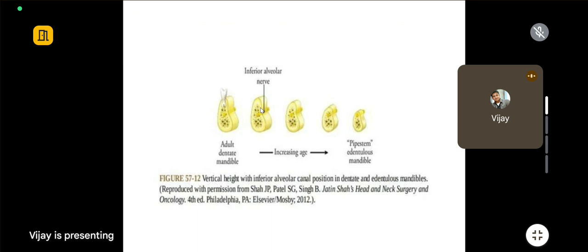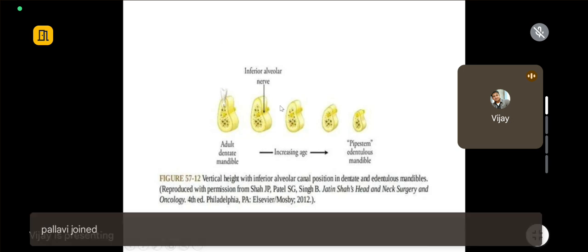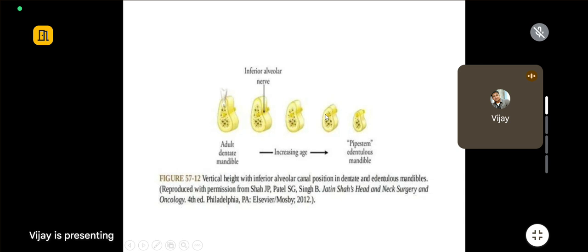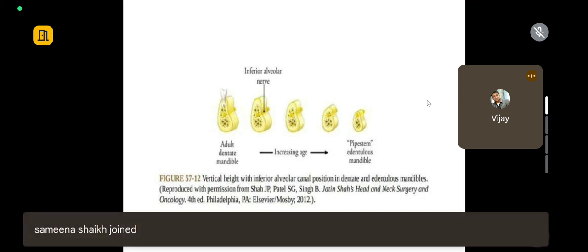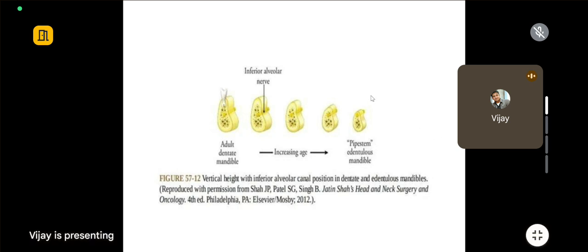When there is loss of teeth and resorption, this mental foramen comes to the occlusal surface of the remaining alveolar ridge. So there is barely any distance between the alveolar canal and the superior occlusal alveolar ridge. This is called the pipe stem edentulous mandible.